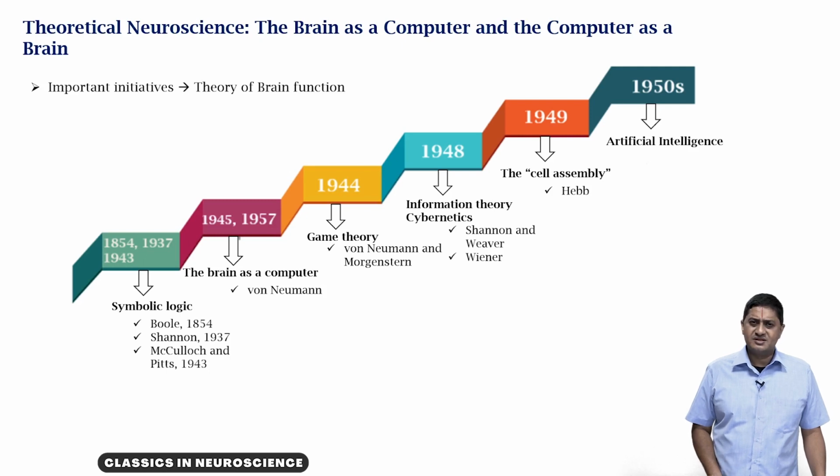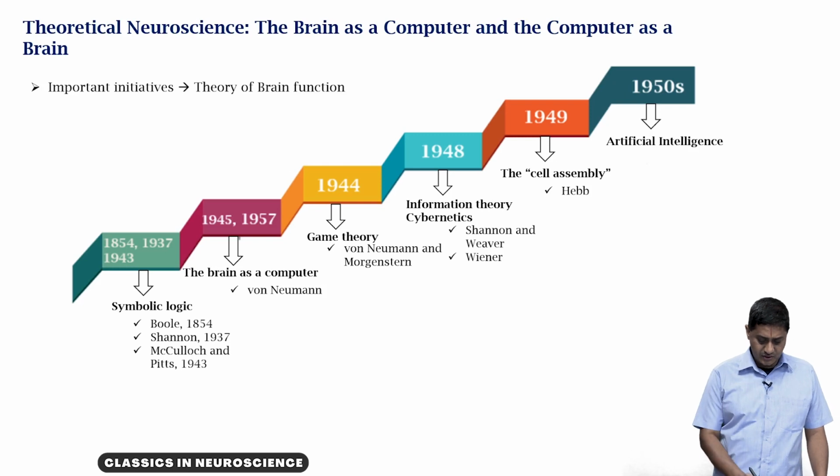This approach was left to obscurity for a while, but then it was given a new lease of life by the new generation of scientists of the 1900s, especially Claude Shannon, who developed his theory of communication using the foundations of Boolean logic, and also the work of McCulloch and Pitts in 1943.